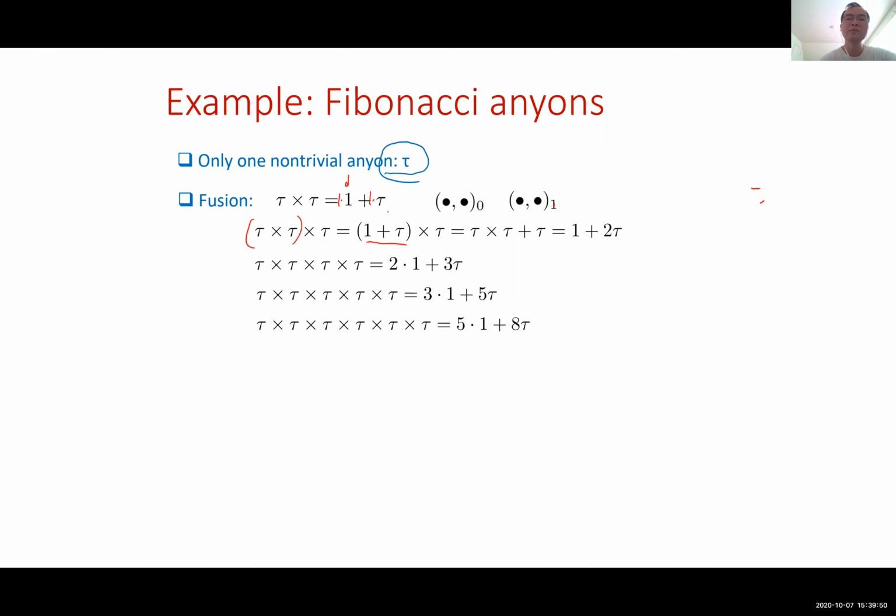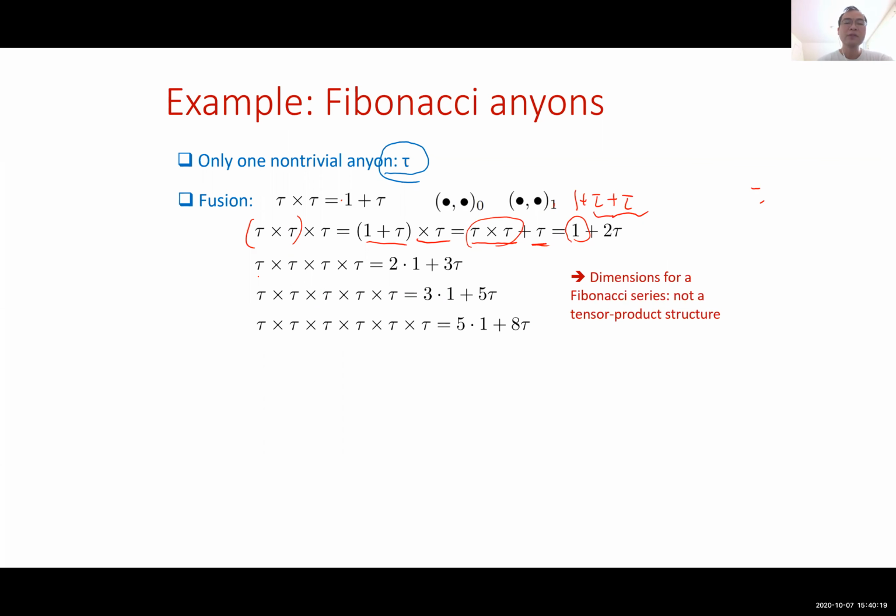I get 1 plus tau from the first equation. I do this fusion again. 1 and tau is tau, and tau is this. But tau and tau can fuse to 1 plus tau, but I have this tau here, so that's why I get 2 tau. Okay.